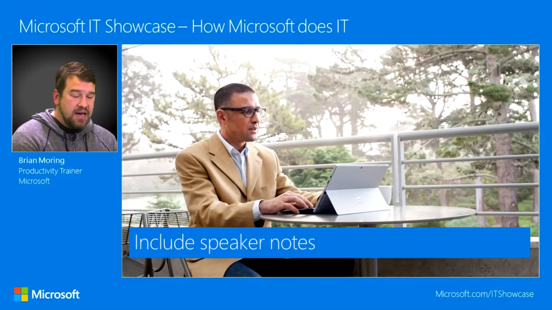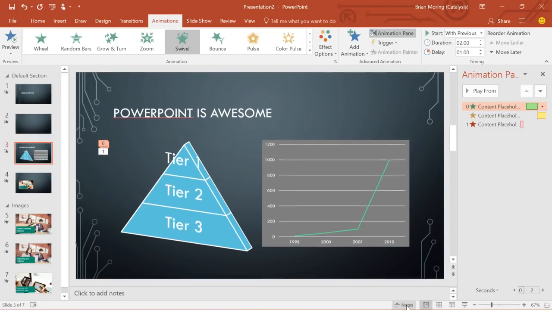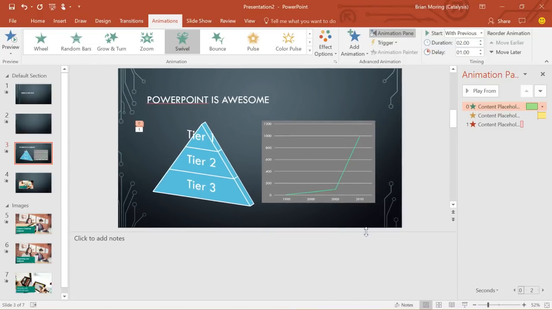In order to add in some speaker notes, we've got our slide here. All the work has been done up here on the actual slide. But down below the slide, right here, we have notes. If we were to click on notes, it actually expands the lower section open a little bit, and then we can expand it even more if we want by clicking on the little line there and dragging up. We want to add in our notes.